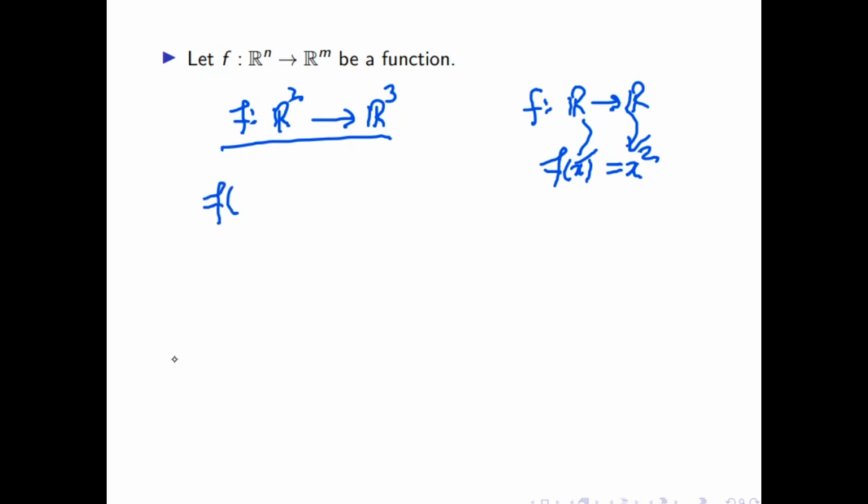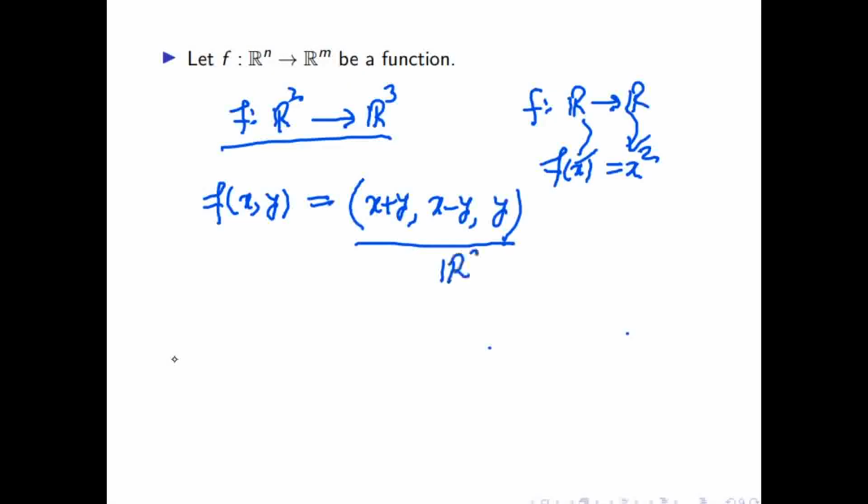The function f of x comma y takes one vector in R2 and maps it to another vector in R3. The first component goes to x plus y, the second component is x minus y, and the third is only y. So this is a vector in R3 and this is in R2. This is the example from R2 to R3.